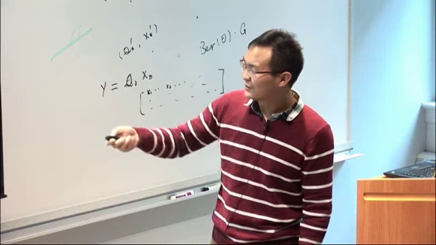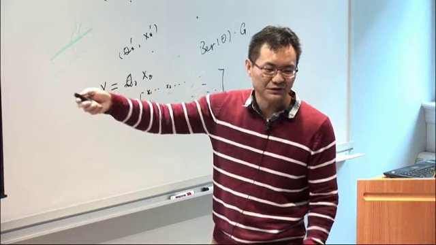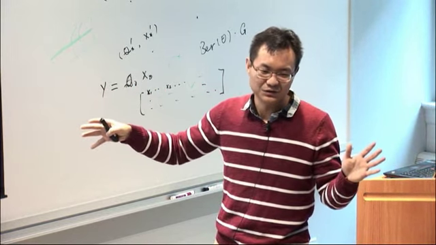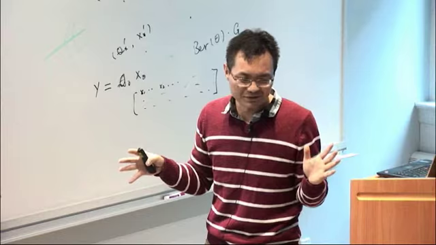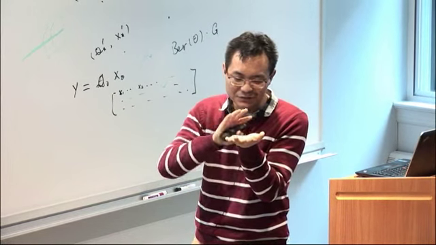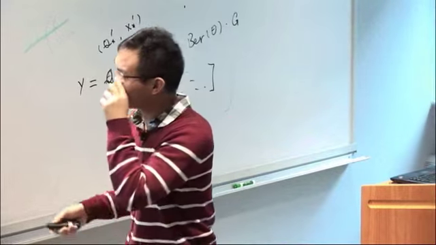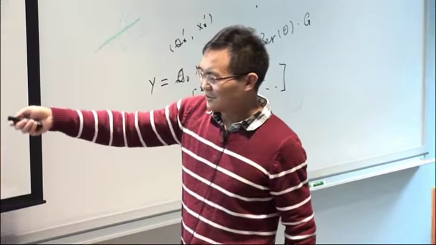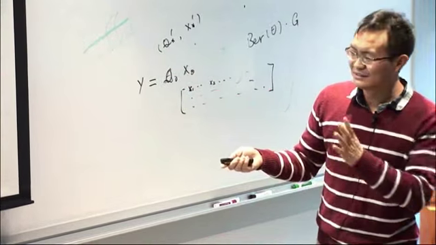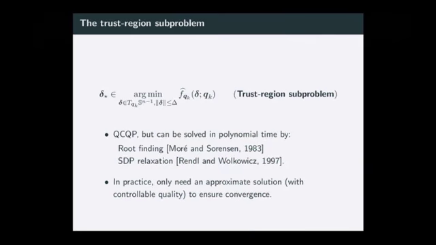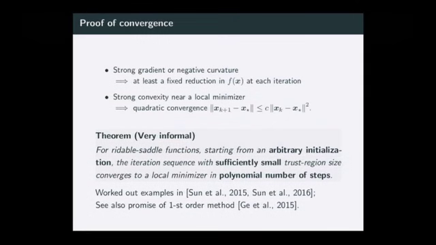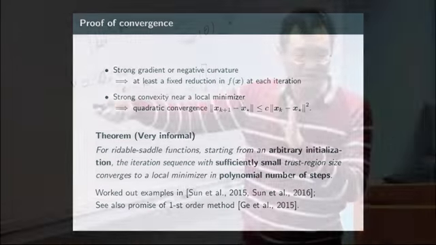And you can generalize all the terms in trust region to the manifold setting, especially for a Riemannian manifold. That means a manifold where you can define a metric, where you can measure the length of a curve. Okay. And you can do a similar thing. These are just technicalities, so I will skip it.